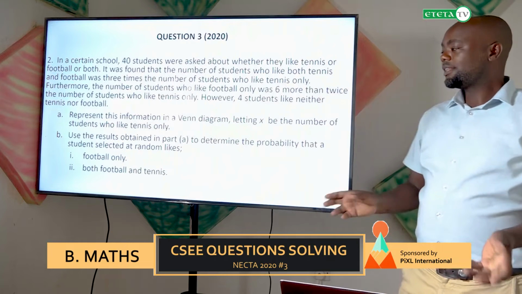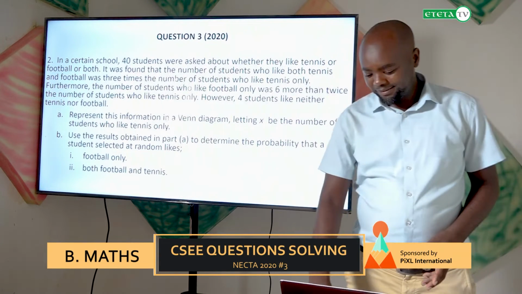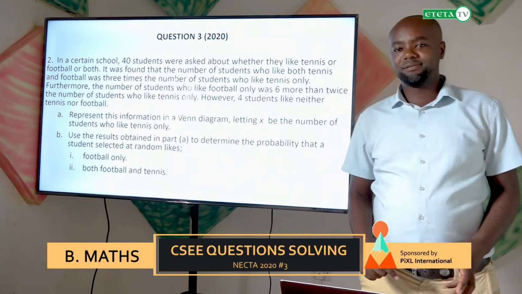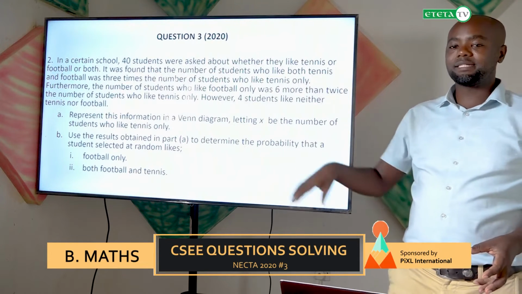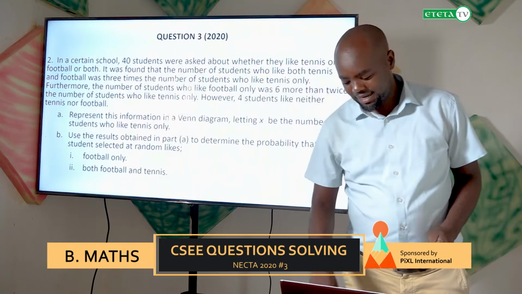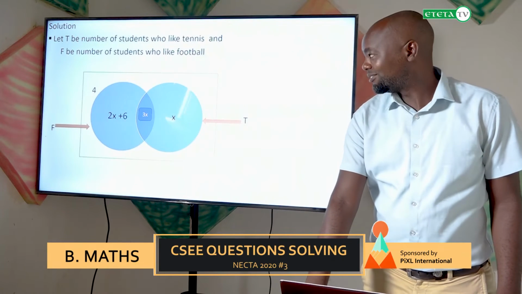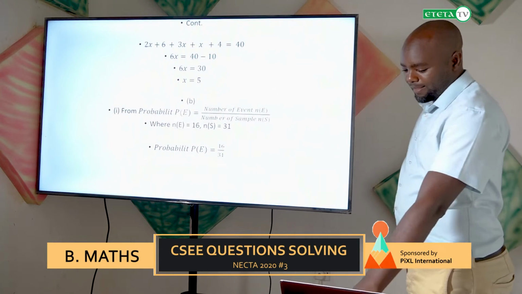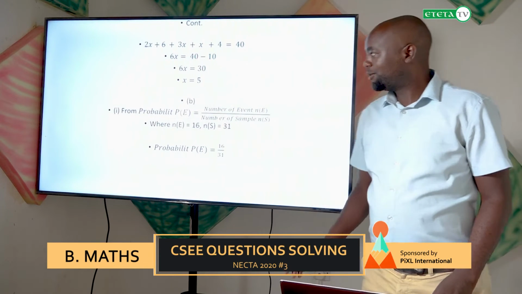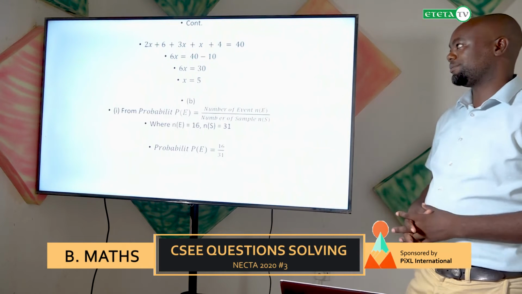So, using the formula of probability, we know that the probability of an event is the expected outcome over the sample space, the total expected outcome. So, looking at our formula here, you are supposed to know the number of events and the number of sample space.